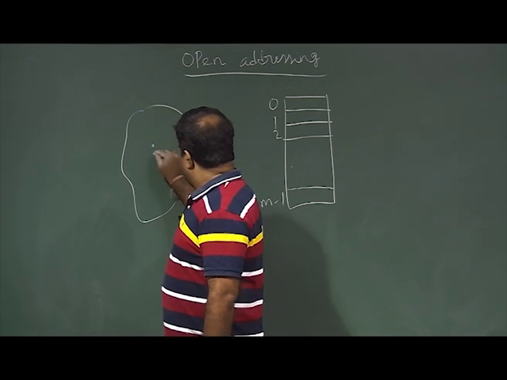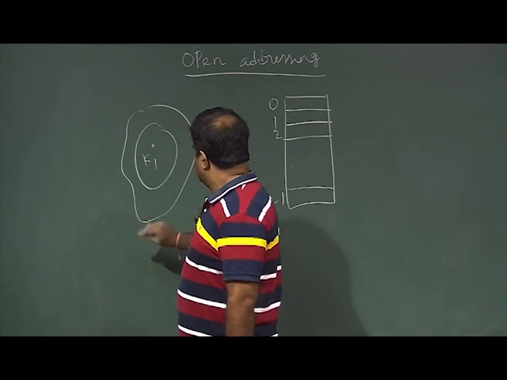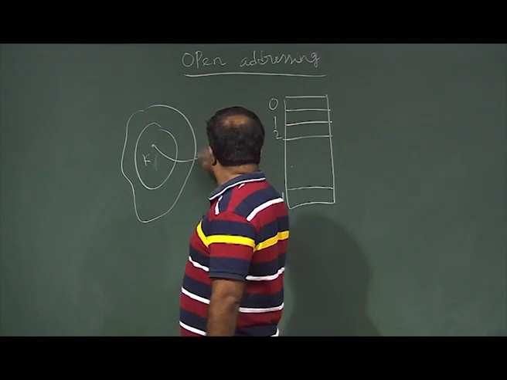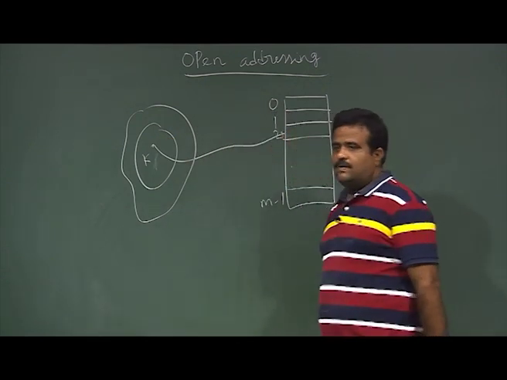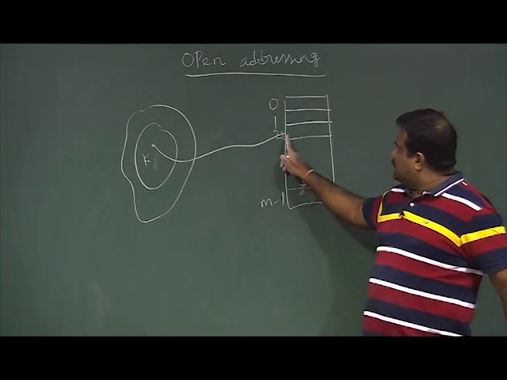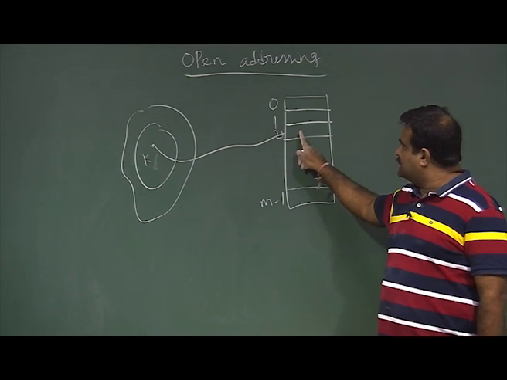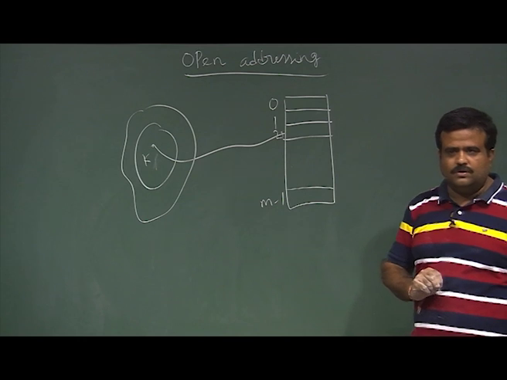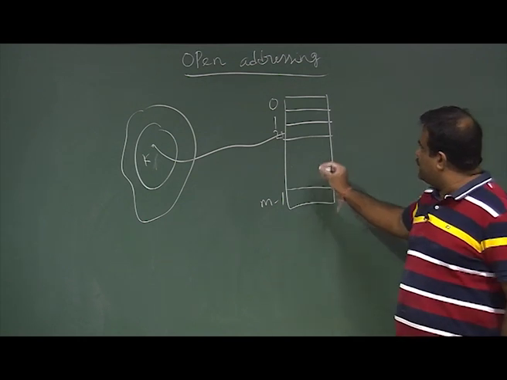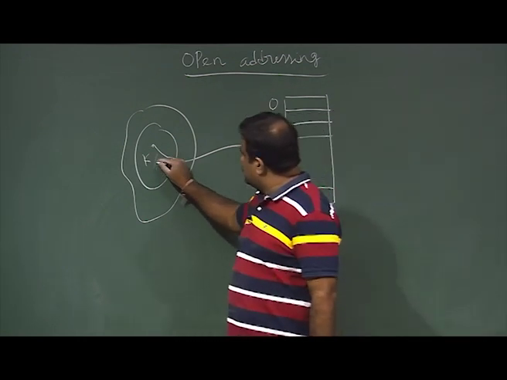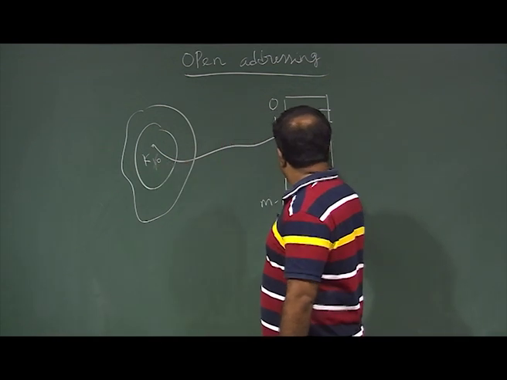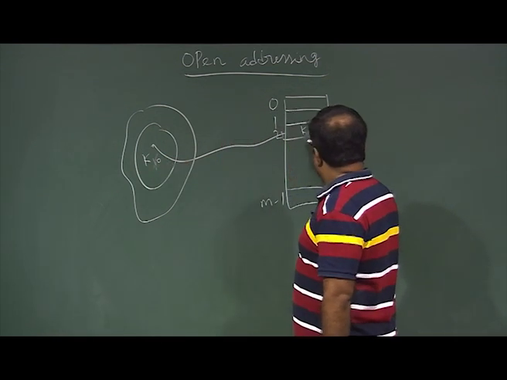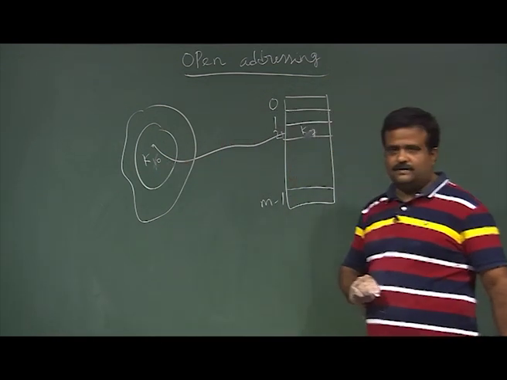So, we have a key, say K10, and we are mapping it over here. Okay. Now suppose it is hitting an empty slot, then there is no issue, but suppose it is hitting a slot which is already occupied, then what do we have to do?